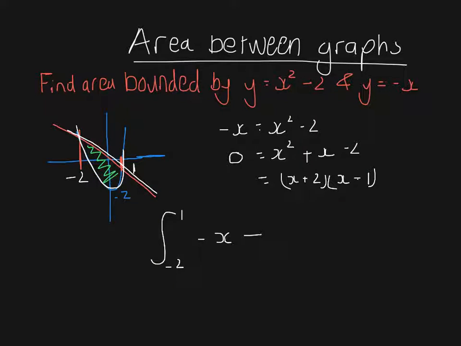So it's basically the highest one minus the lowest one, minus, and then this function is x squared minus 2, and all of this we are integrating in terms of x. Okay, so that is what my integral and my integrand looks like. So I'm going to do that on the next page.